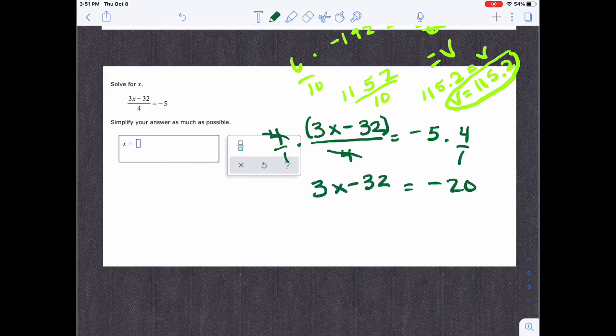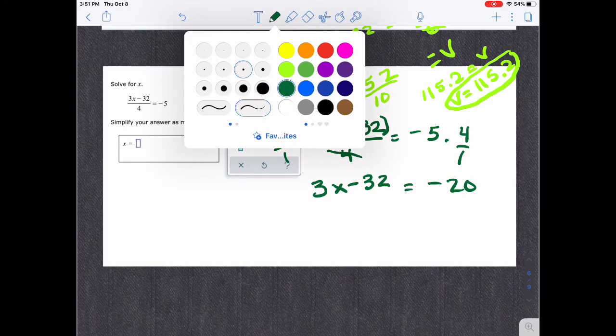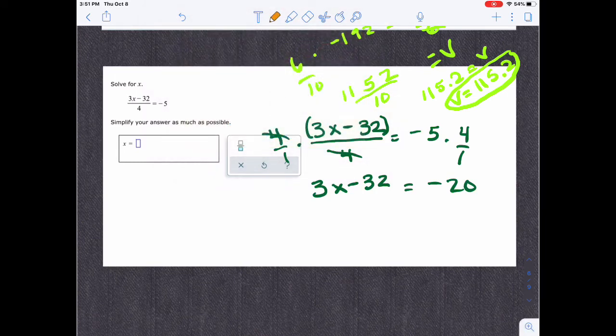Okay, then we have kind of a different problem to work with. We need to add 32. 3x equals 12. And divide by 3.